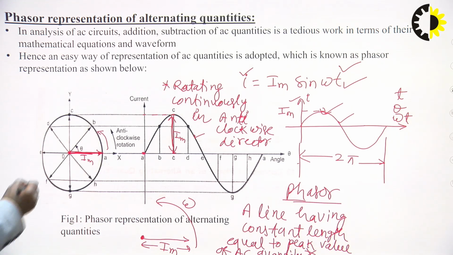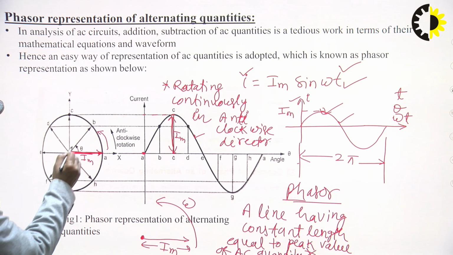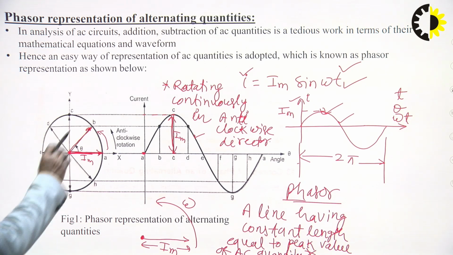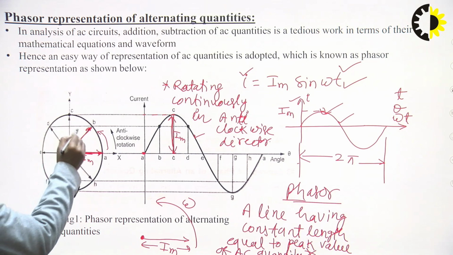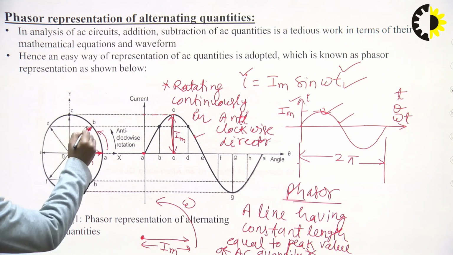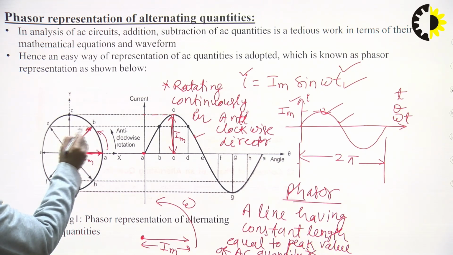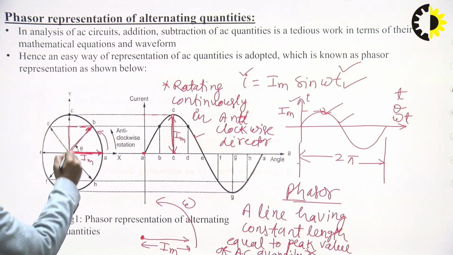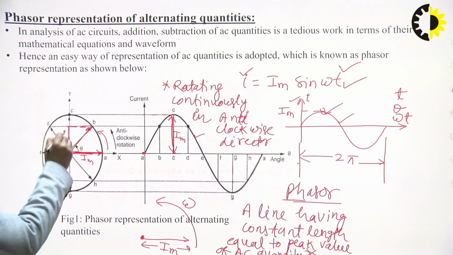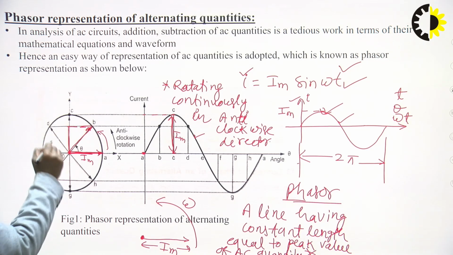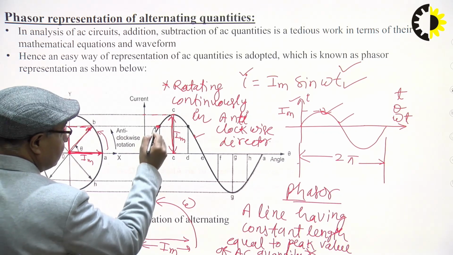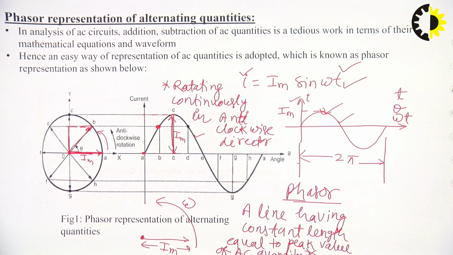Now it is rotating, and suppose by rotating it comes to position B. Then what is the projection of this rotating line on the y-axis? It is this much, and this point B is now represented.